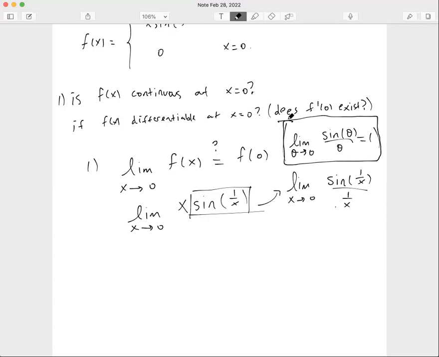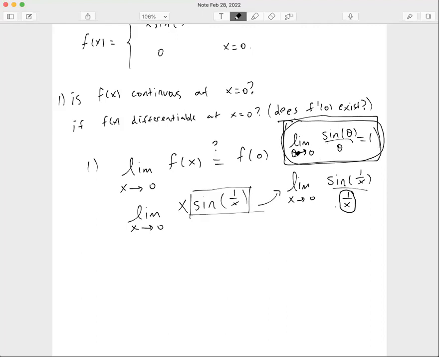As x approaches 0, what does the denominator approach? If I write it like this, as x approaches 0, what is the denominator doing? Yeah, it's going off to infinity, right?